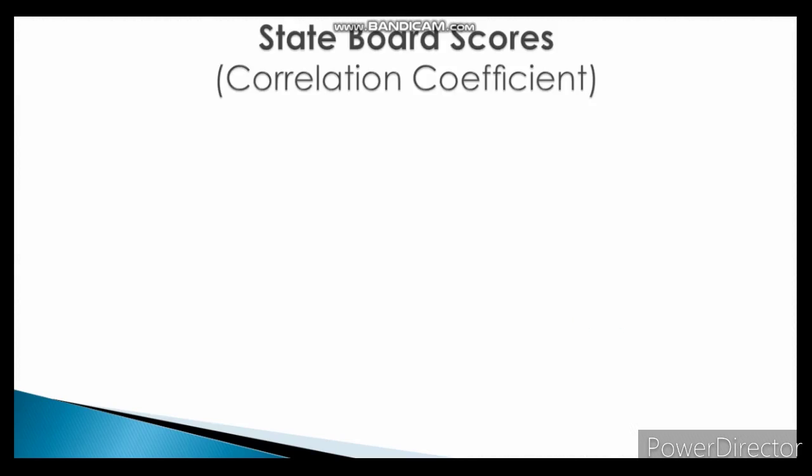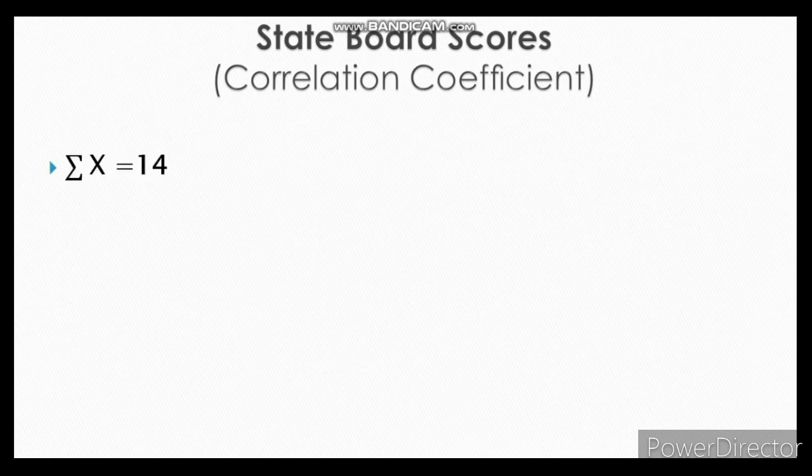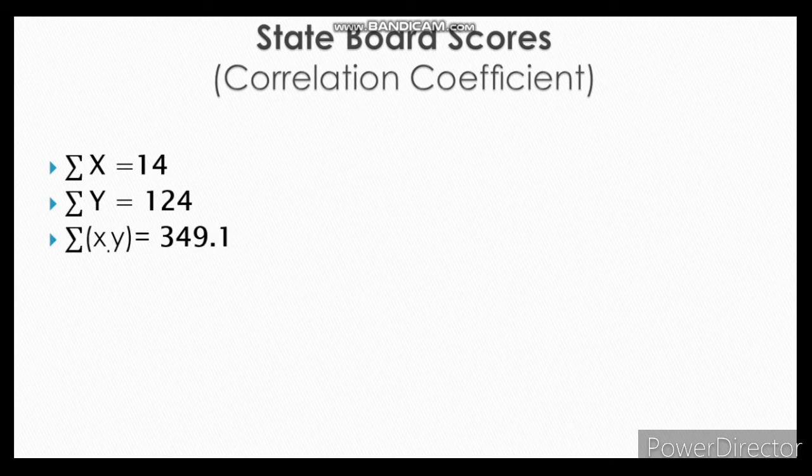So, last, same process lang din para sa R sub x sub 1, x sub 2. So, nilagay natin sila ulit sa x and y. And then, summation of x is equal to 14. Summation of y is equal to 124. Summation of xy is equal to 349.1.